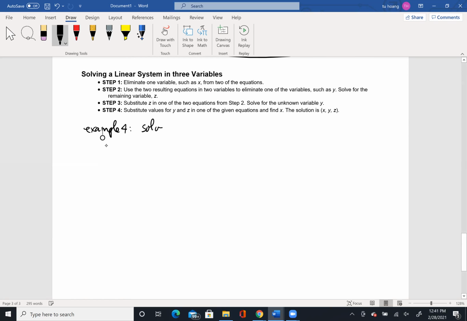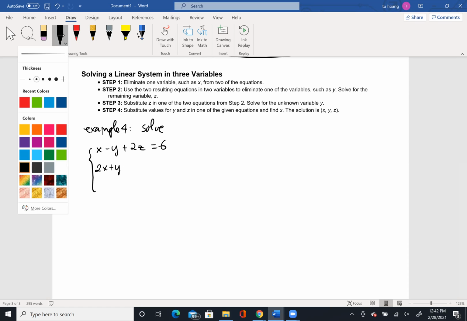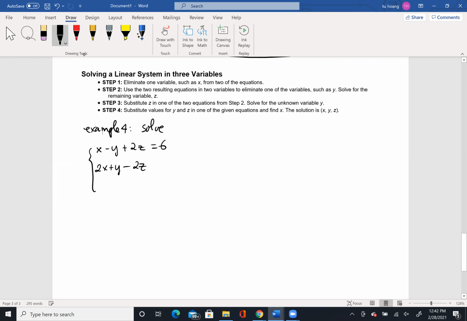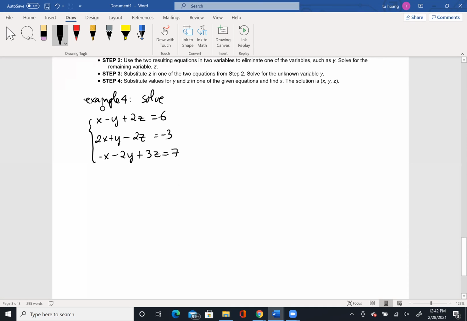So I want to solve the system below. x minus y plus 2z equals 6, and then 2x plus y minus 2z equals -3, and negative x minus 2y plus 3z equals 7. Okay, so solution.